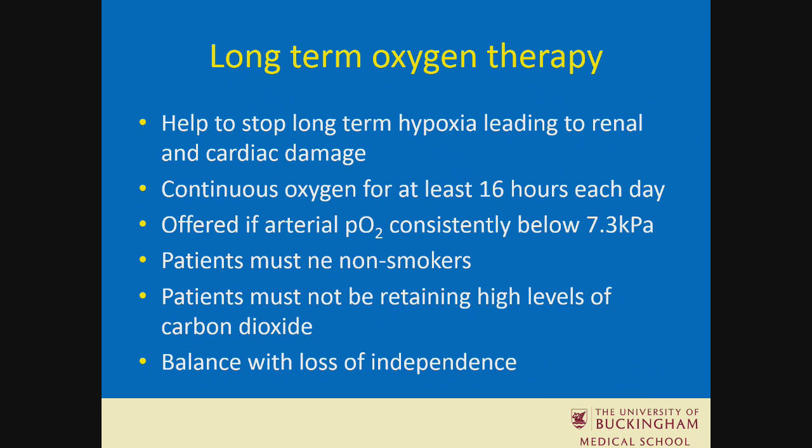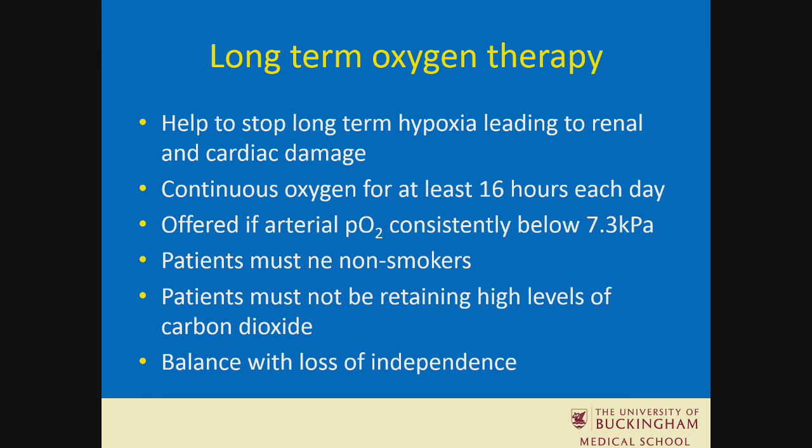There is a cutoff threshold for it, which is that the PO2 on the ABG has to be less than 7.3 kilopascals on 2 separate occasions, 4 weeks apart, when the patient is not exacerbating. In a certain subgroup of patients, this threshold is raised to 8, and that is for people who have already undergone changes in their heart related to COPD.